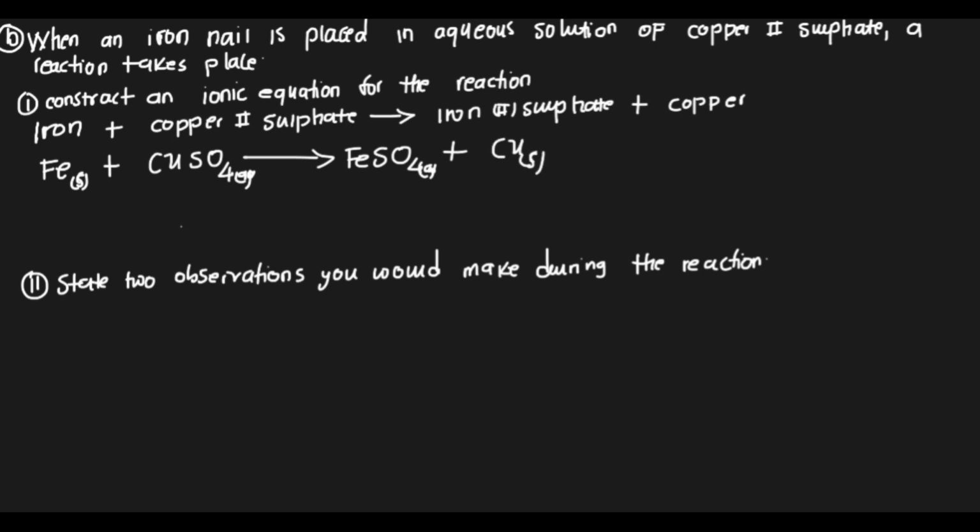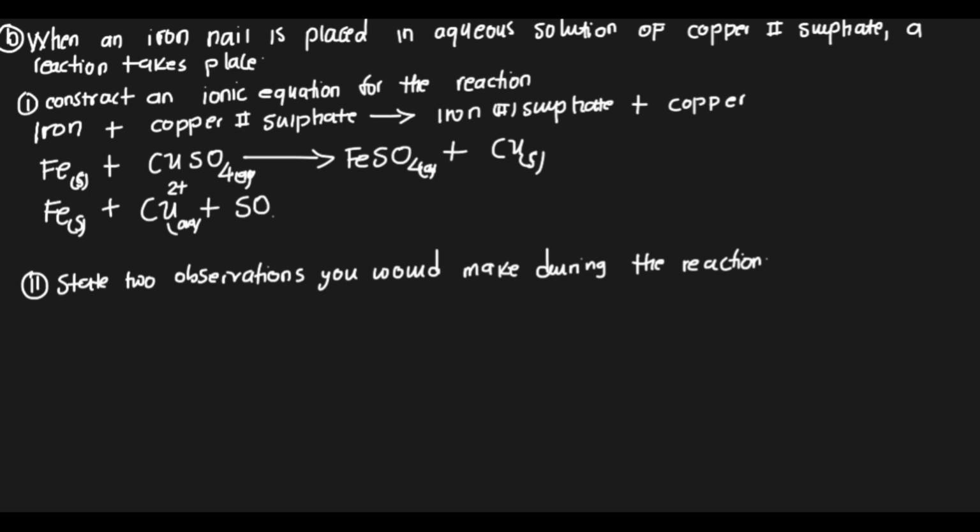Now when breaking stuff into ions, make sure you just break those in aqueous solution. So the iron will be just in its natural state. Then copper will have a positive 2, aqueous.